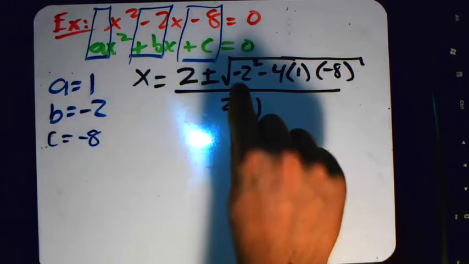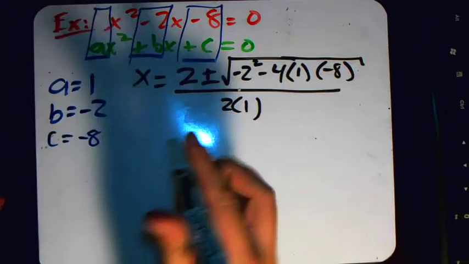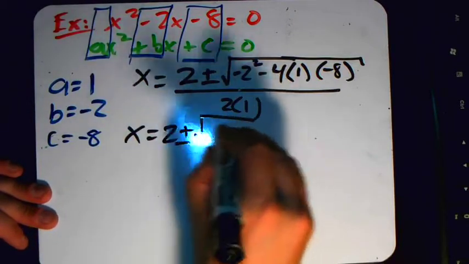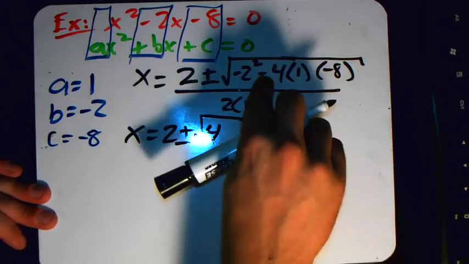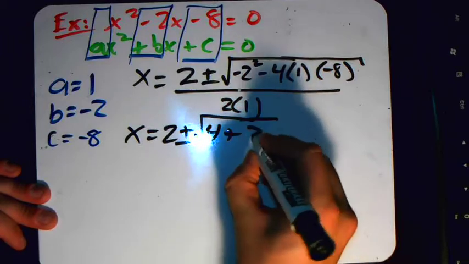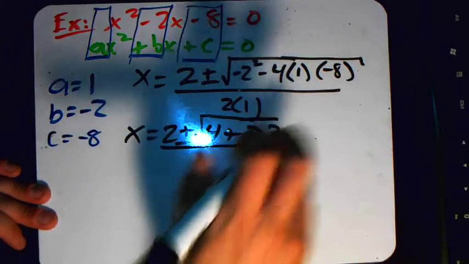Reduce everything under the radical. Negative 2 squared becomes a positive 4. And negative 4 times 1 times negative 8 gives me a positive 32. 2 times 1 is 2.